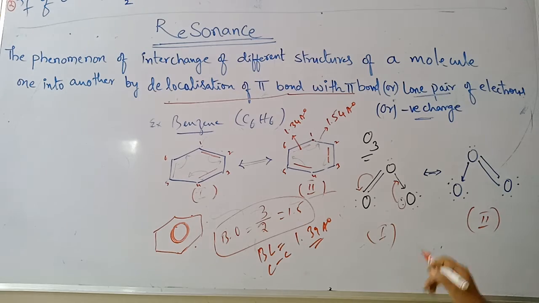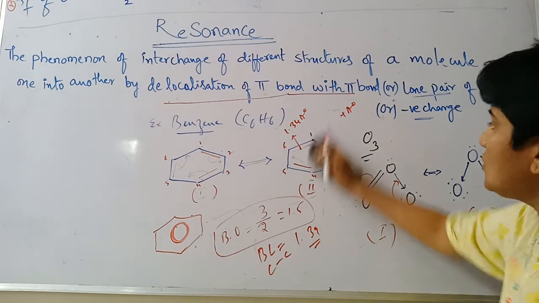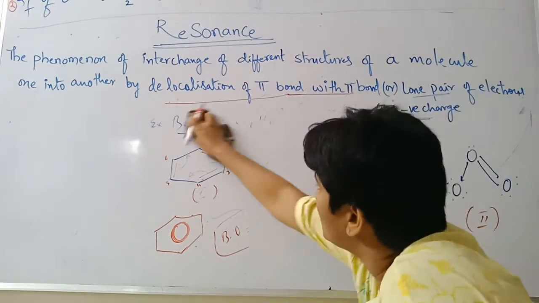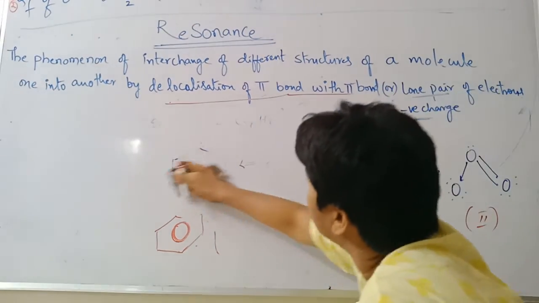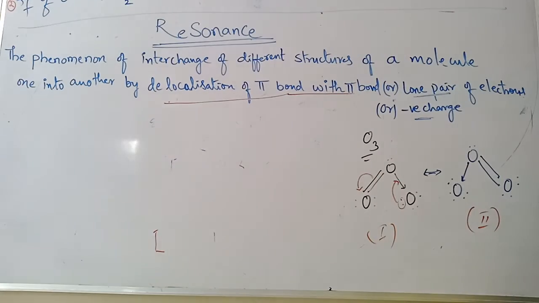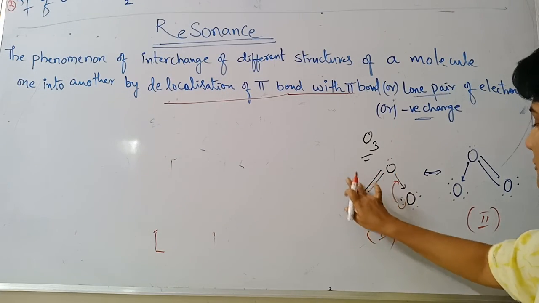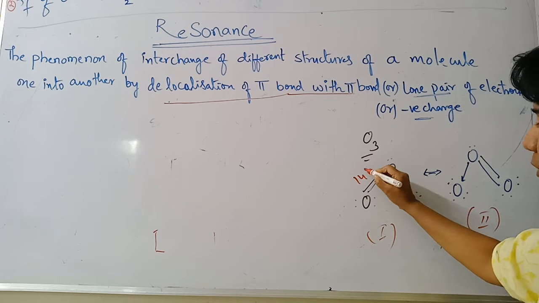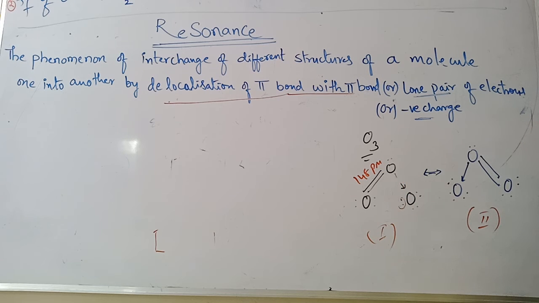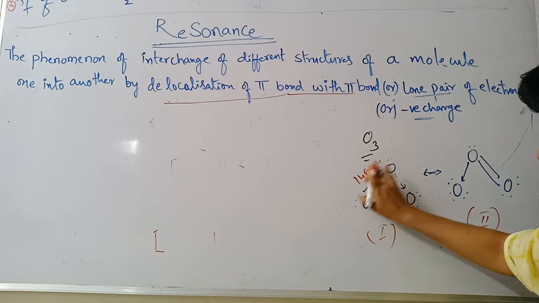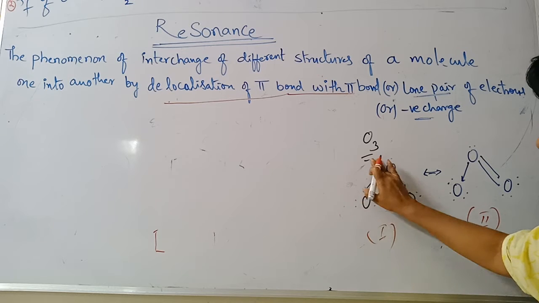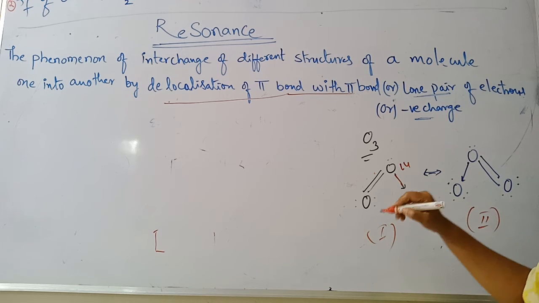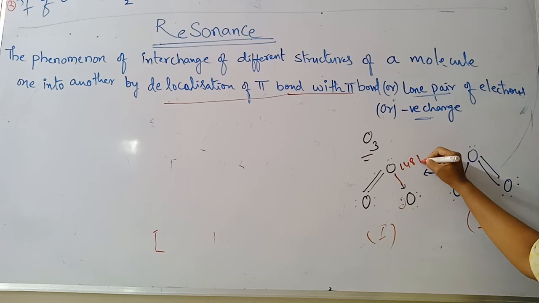Then the same way in ozone also, the same thing. If a single O-O bond is there, the bond length must be 1.48 angstroms or 148 picometers.